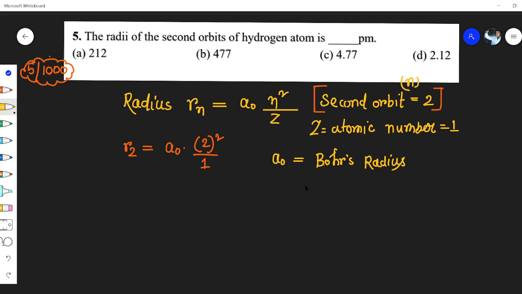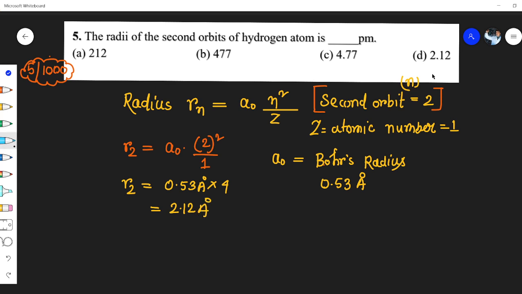Bohr's radius is 0.529 angstrom, or you can write it like this also, 0.53 angstrom. The actual value is 0.529 angstrom, so you can take this, right? There is no problem at all. So finally, in this case, r_2 would be 0.53 angstrom into 4, so that will be 2.12 angstrom.